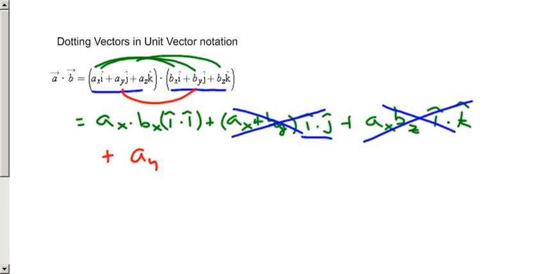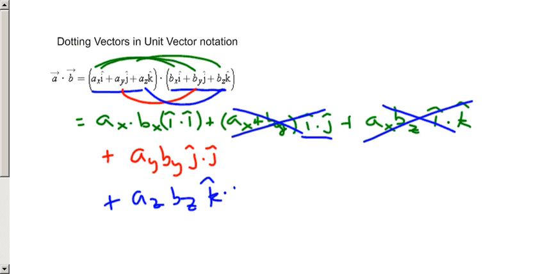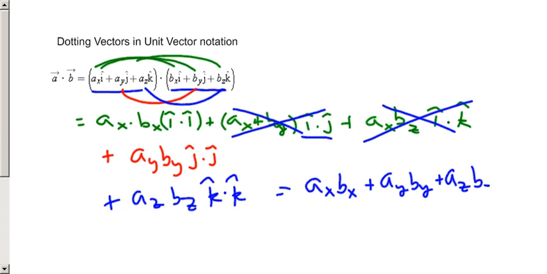So we have AY BY j dot j, plus, and then we look at the k terms, AZ BZ k dot k. And then we know what we know about i dot i, j dot j, k dot k, is that this just equals AX BX plus AY BY plus AZ BZ.